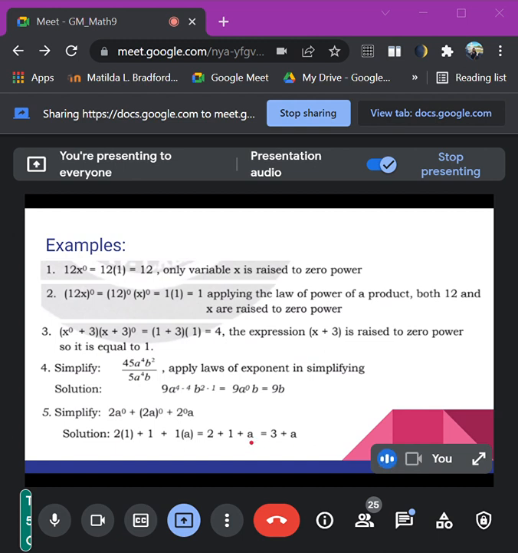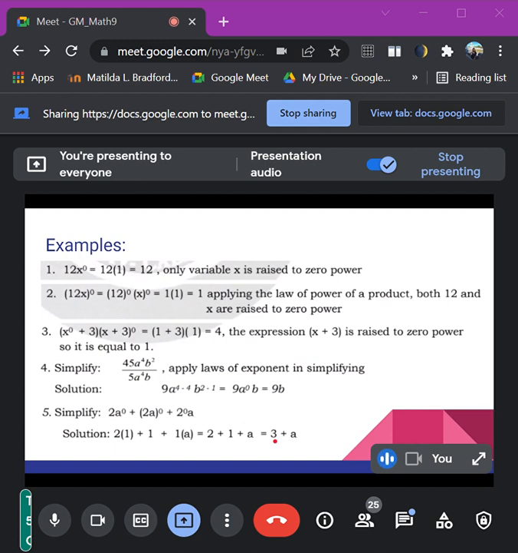Since there is a plus there, you cannot combine the constant and the variable. You can only combine a constant and a variable if it is multiplication. Okay? Like for example, if this is 2 plus 1 times a, that's the time your answer is 3a. But here, since there is a plus, they stay separate: 3 plus a.